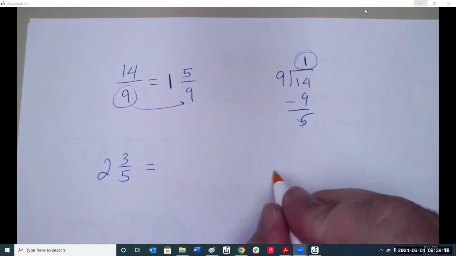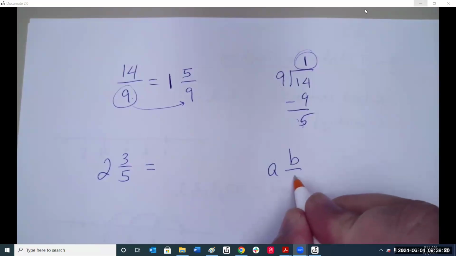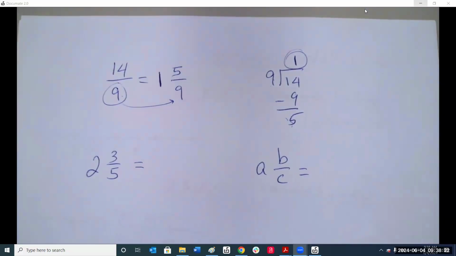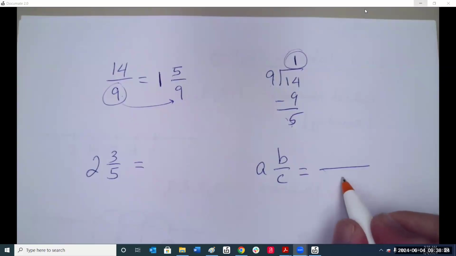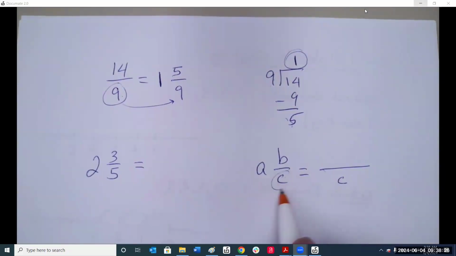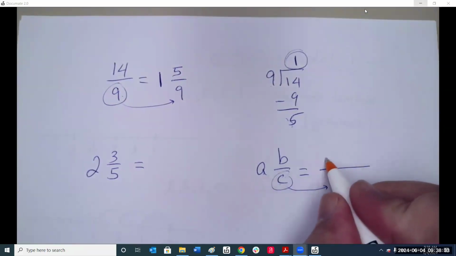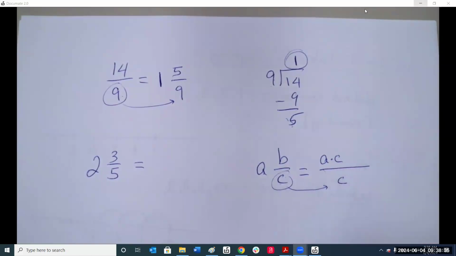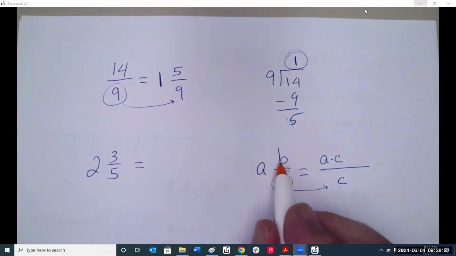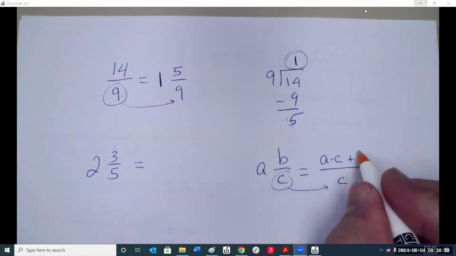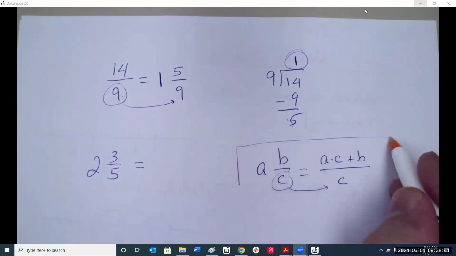The formula is this. The bottom number stays the bottom number. Take the whole number, multiply it to the bottom, and then add the top number. That's the formula.